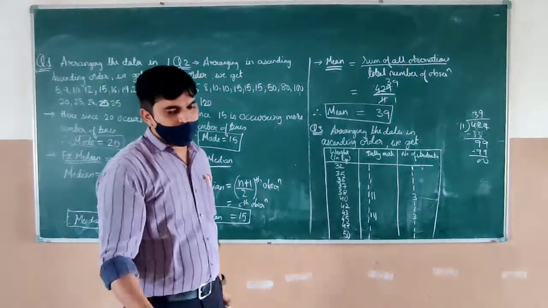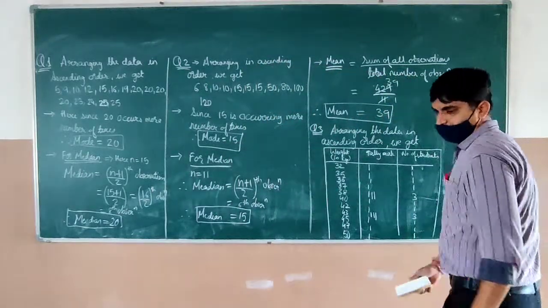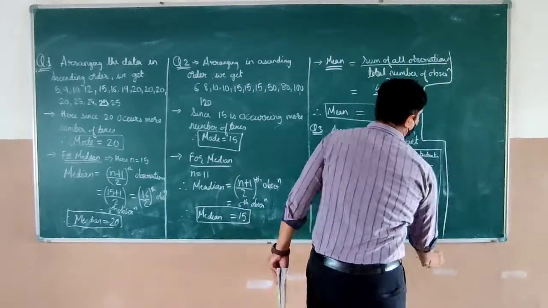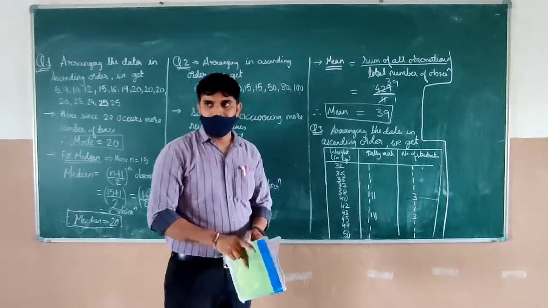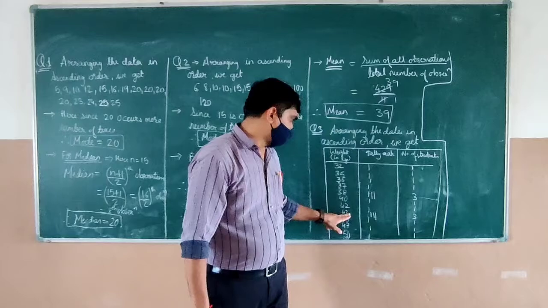Now how to find mode and median? Which number occurs the maximum number of times? 38 and 43.